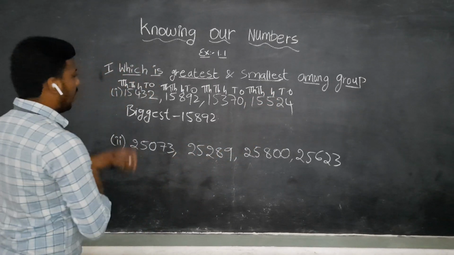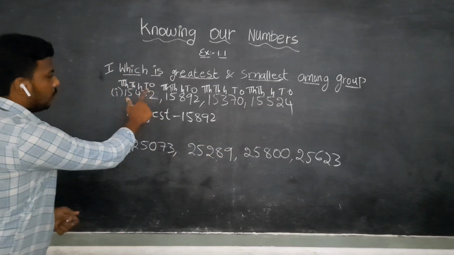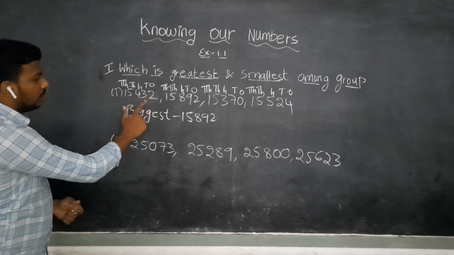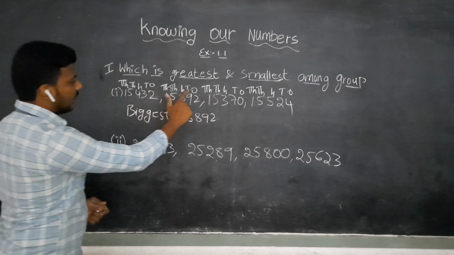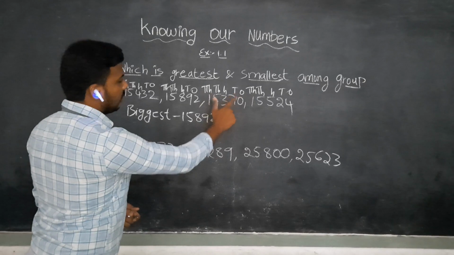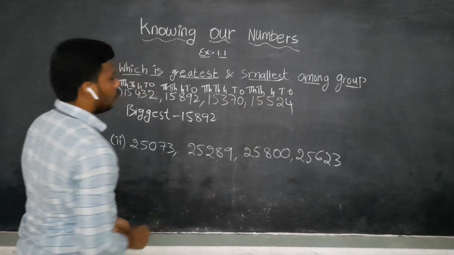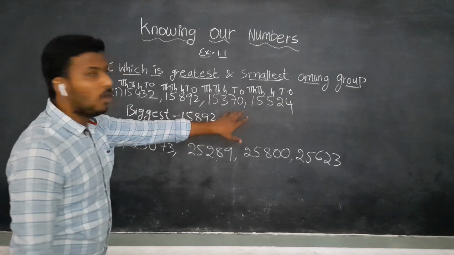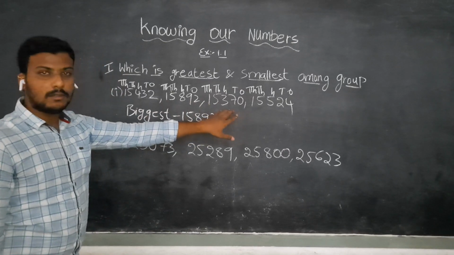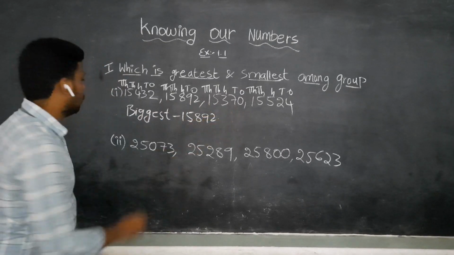Leave that, and we shift to the tens place. In the place of tens we have 3, here 9, here 7, and here 2. So overall, the smallest number is this one.